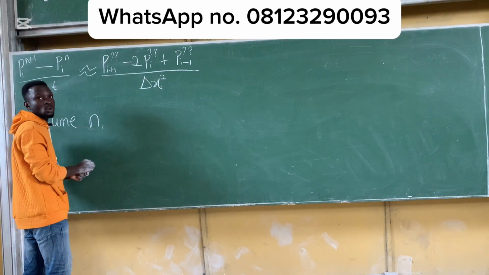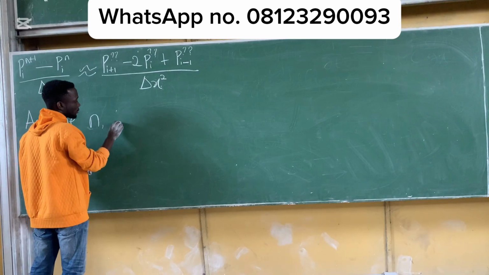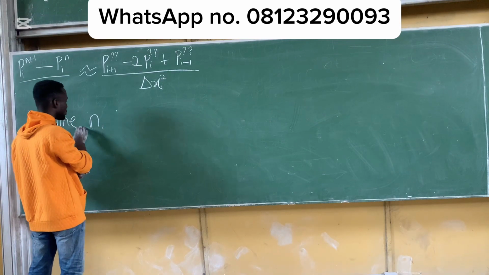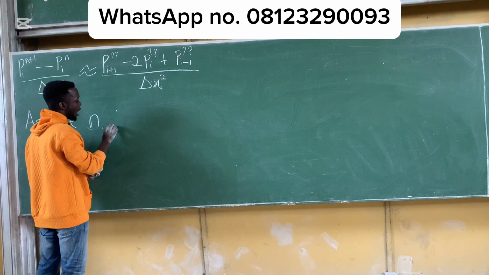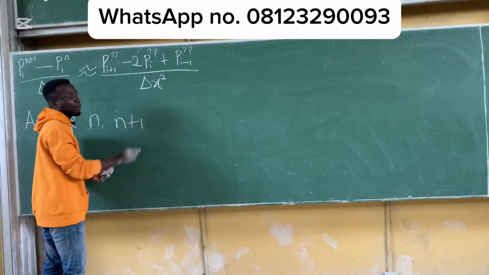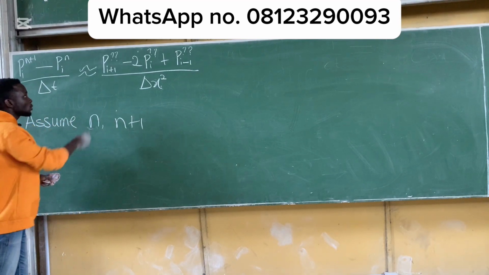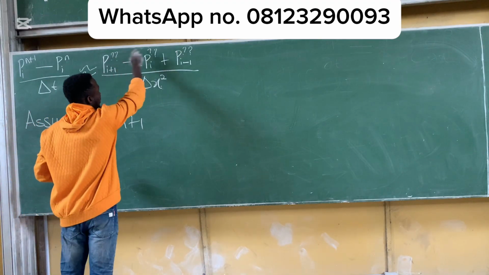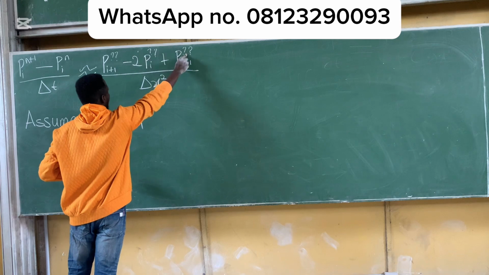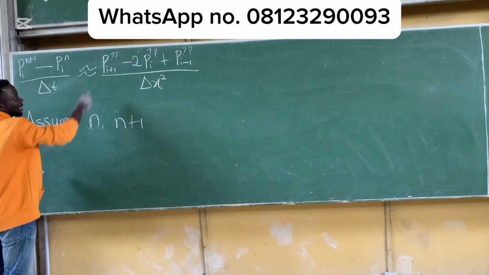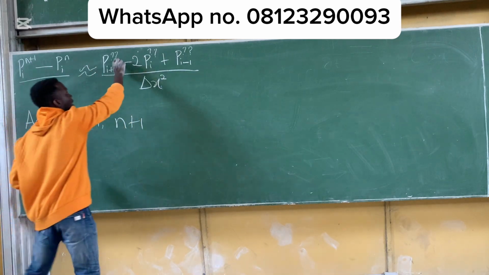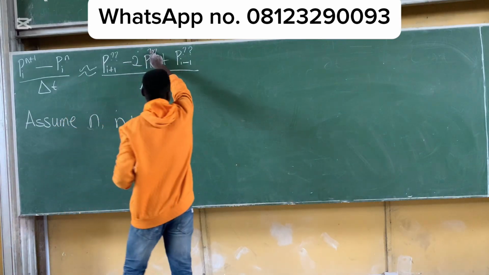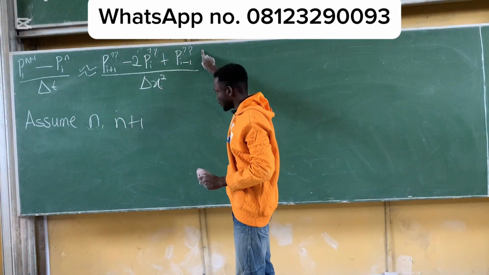We can simply say the time level here is n, here is n, here is n. And also, we can simply say that the time level here is n plus 1, n plus 1, n plus 1, and n plus 1.